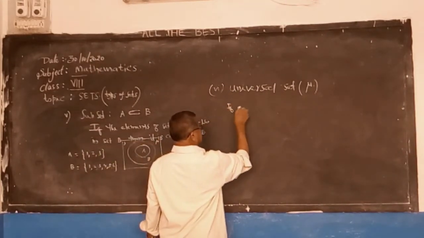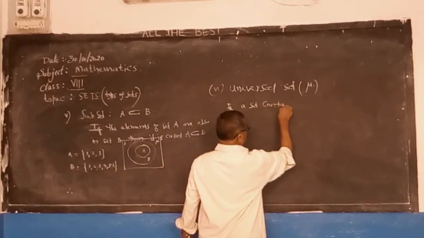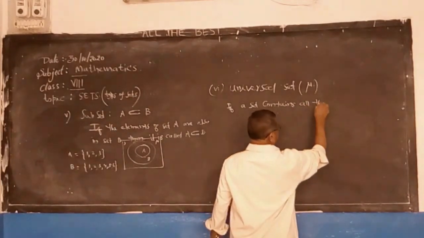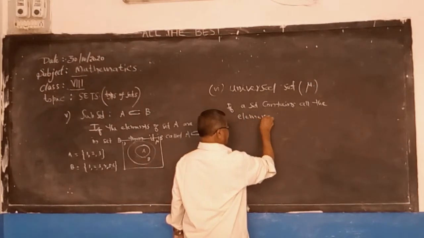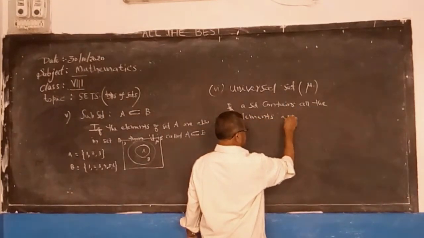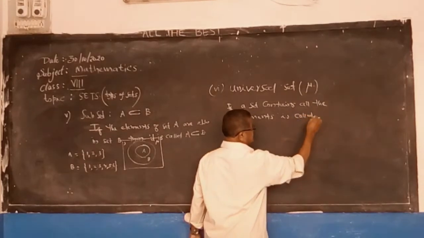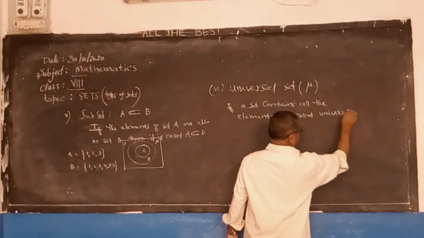If a set contains all the elements, it is called the universal set.